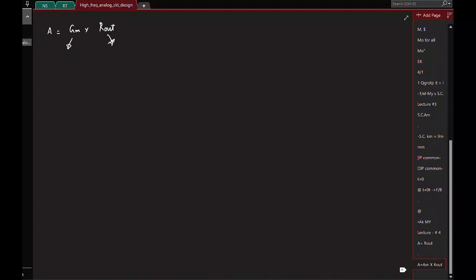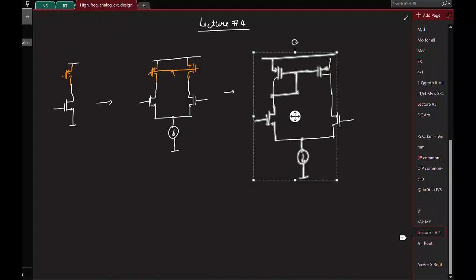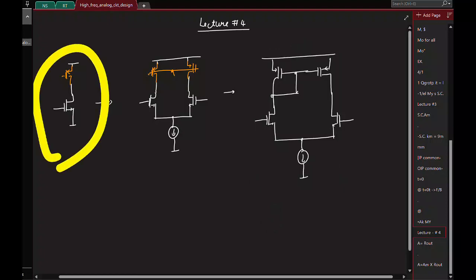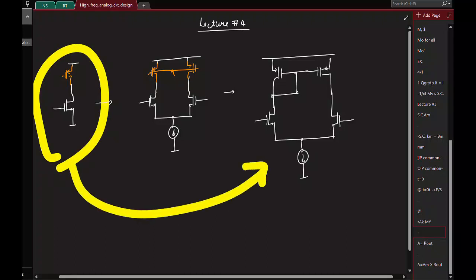So let's see what we can do to increase the output resistance. Okay, and for that, let's start from here. So what I'll do is I'll take this 1/2. We'll see how to increase the output resistance of this, and we know directly how to go from the first to the last guy. Okay.